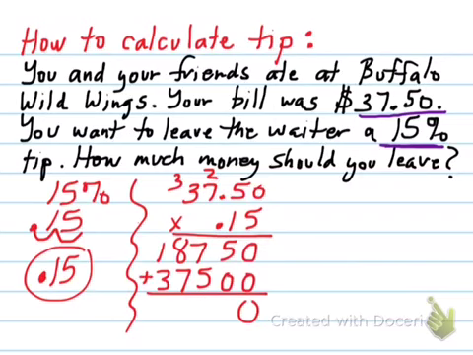Then I add 0, 5, 12, carry my 1, 8 plus 1 is 9, plus 7 is 16, 3 plus 1, that's 4, that's 5. And then since there are a total of 4 digits behind my decimal points, I move it 4 places. 1, 2, 3, 4.